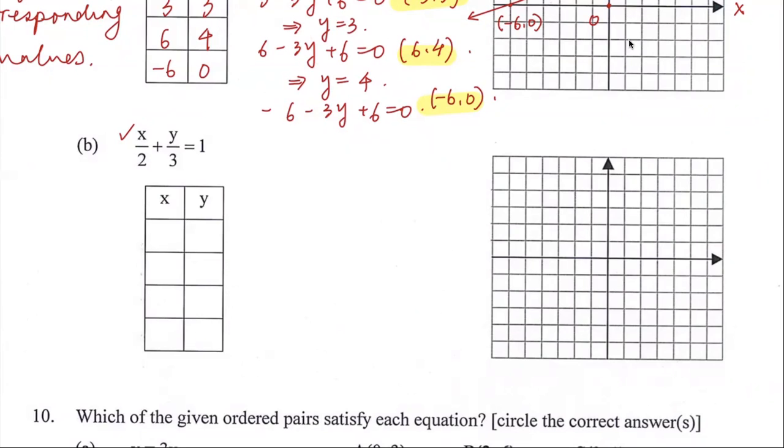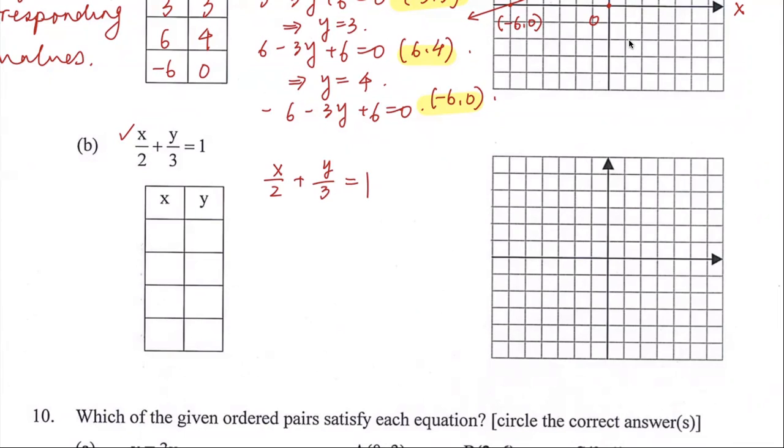So we have x over 2 plus y over 3, which is equal to 1, okay? In order to get rid of the fraction, we need to get rid of the denominators, right?